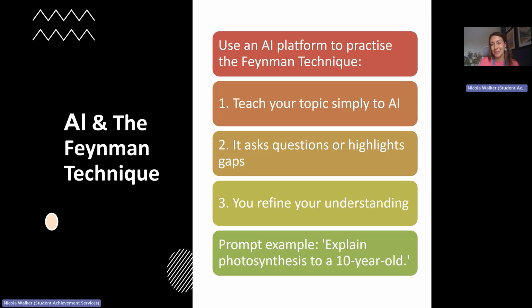So it can be really very effective. So you would use an AI platform like ChatGPT, whichever one you use, to practice the Feynman technique. So put simply, you teach your topic to AI. It will ask you questions and it will highlight any gaps in your knowledge. You then refine your understanding of it and you'll use a prompt that I will show you next.